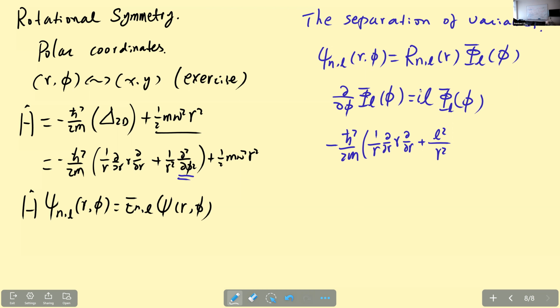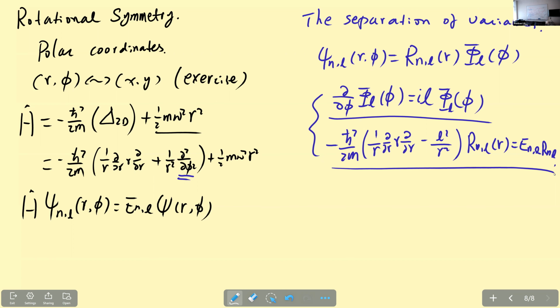We actually put an i right here usually, so that you have this one be a minus sign. So now you have 2 separate equations. One is for this angular part, another one is for the radial part.